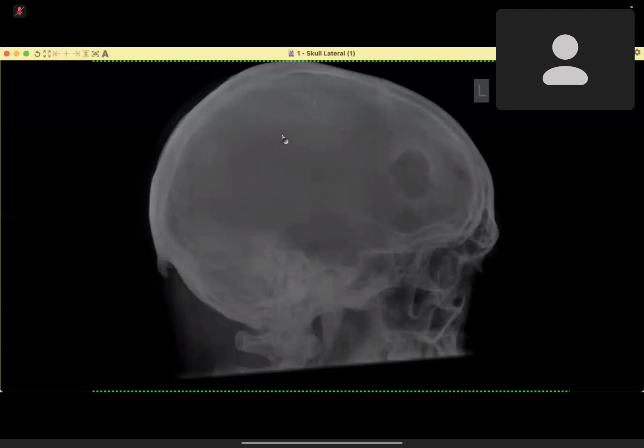Because I am searching for changes of acromegaly, I can see that the pituitary fossa appears normal. There is no enlargement of the pituitary fossa. Also, I can see that the sinuses show normal size. I will confirm this also with the frontal view of this skull.